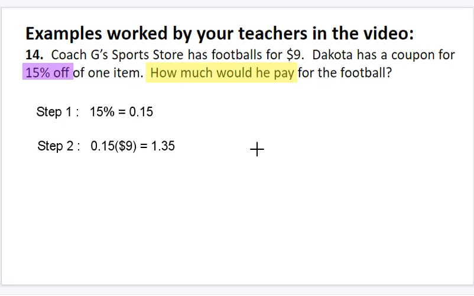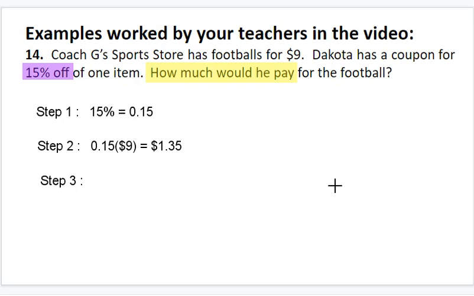Now, since it's money, we're talking about buying things, I'm going to put a dollar sign in front. Step 3 is to take that amount, and we're either going to add or subtract. So in this case, since it's 15% off, it's discounted, I'm going to subtract it.